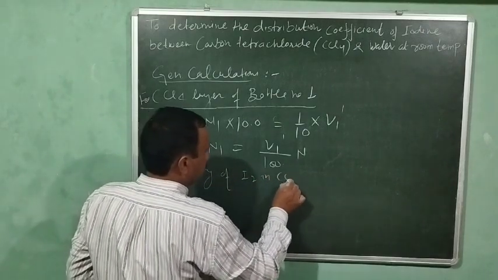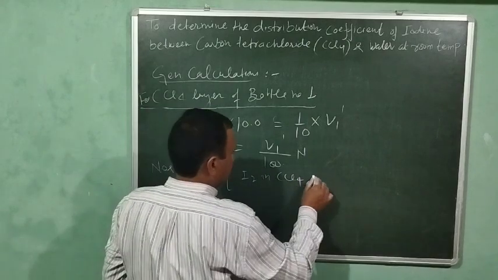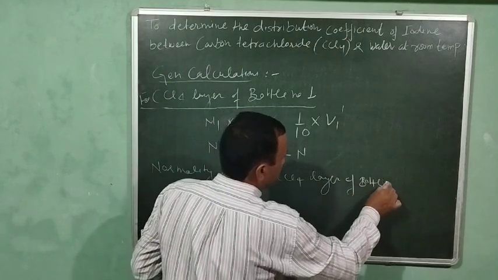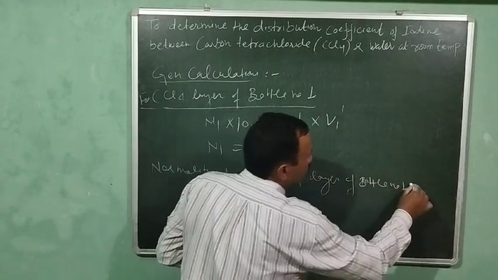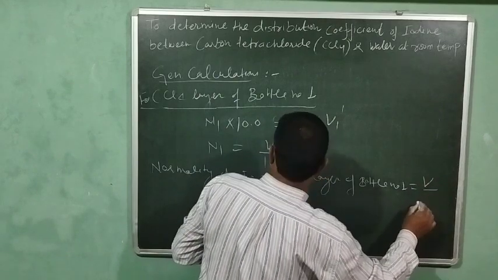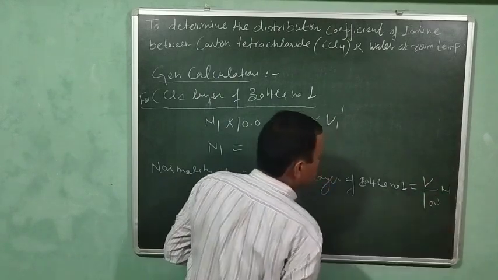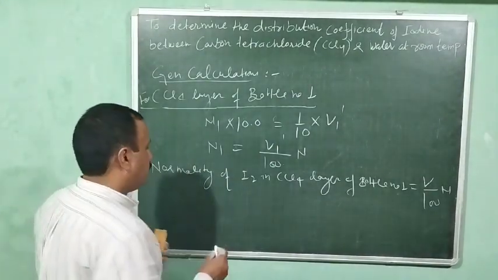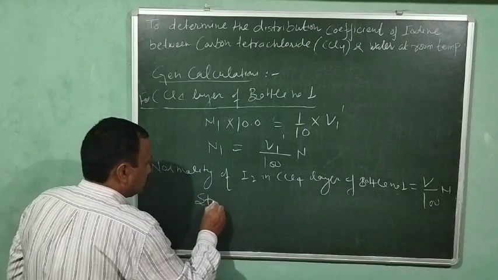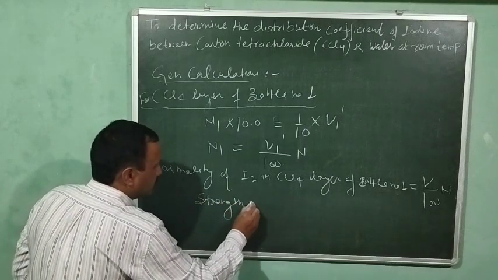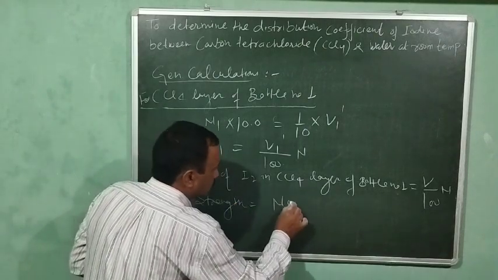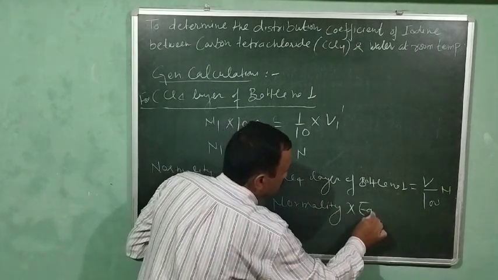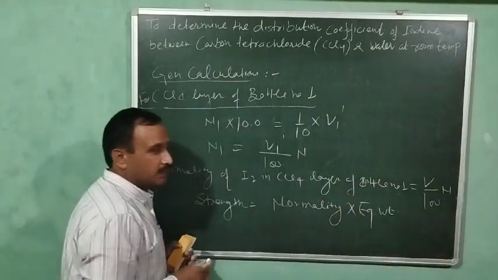Okay, so the normality of iodine in CCl4 layer of bottle number 1 is equal to V upon 100 normal. Then we will calculate the strength of the iodine, and we know that strength is equal to normality into equivalent weight.